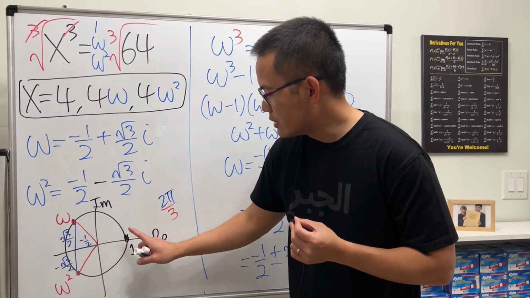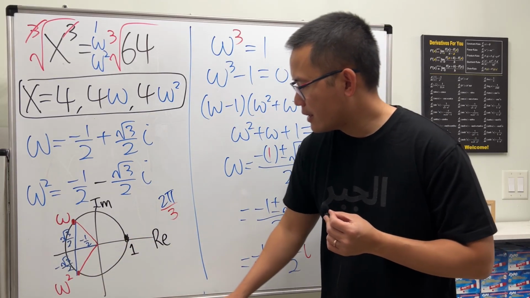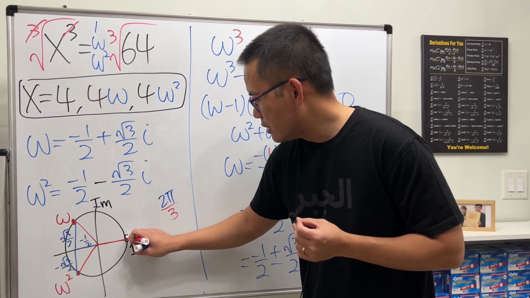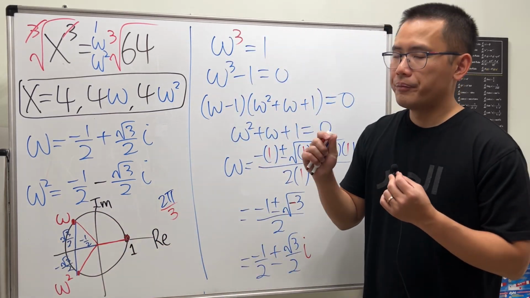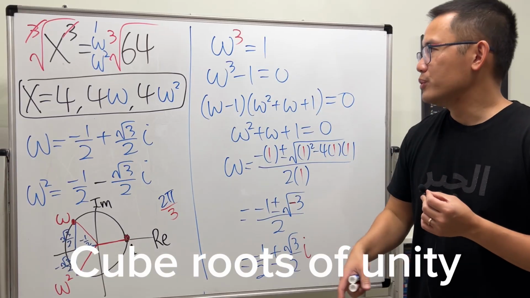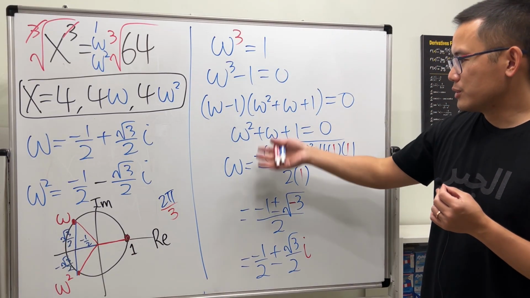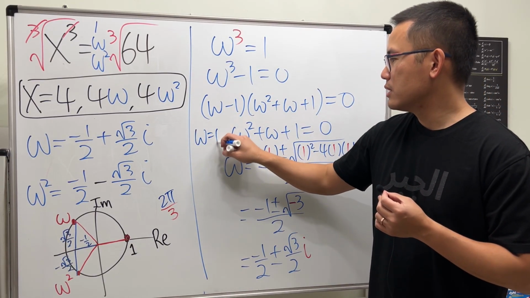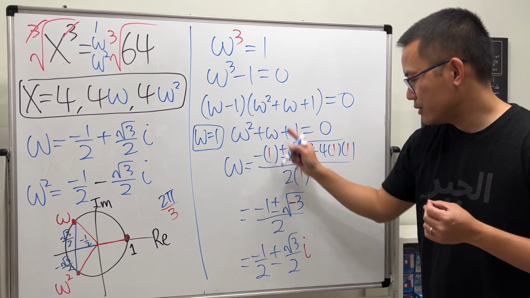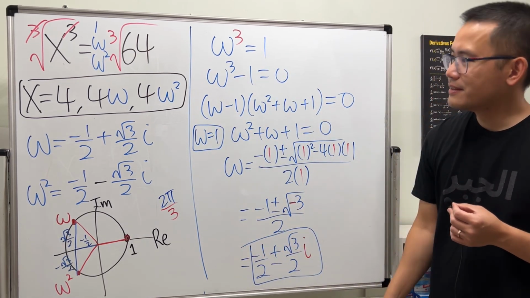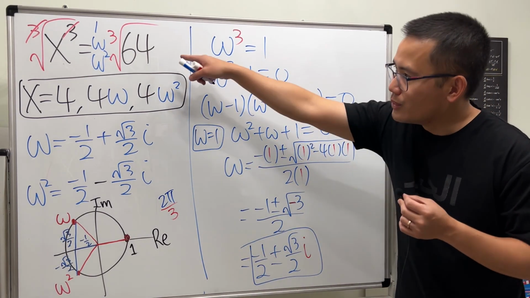You will end up with the original place. So these 3, this, and that are the 3 cube roots of unity, which is pretty much all the solutions. By solving this, you can end up with all these 3. So now you know what to do next time.